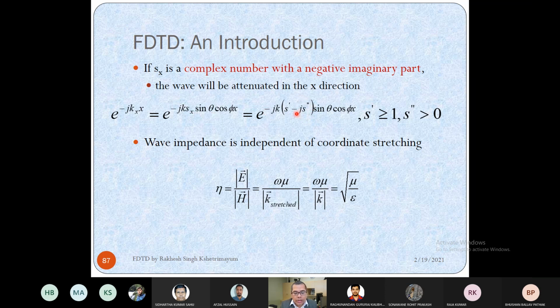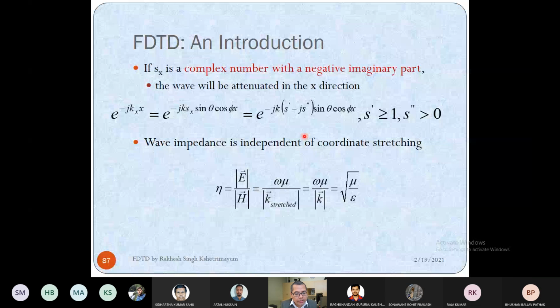Now this minus j and minus j, when you multiply them, what do you get? Minus j and minus j gives minus. So what you are getting is exponential minus S double dash sine theta cos phi x. Any wave having a factor like exponential minus S double dash, where S double dash is a positive number, is an attenuating wave along the x-axis.